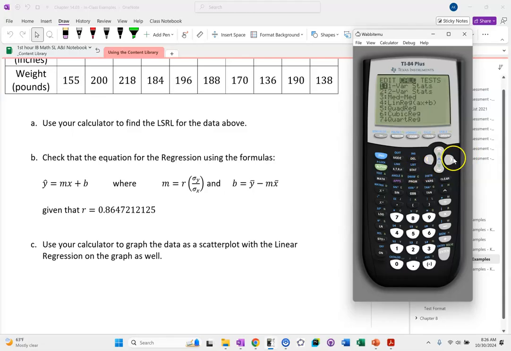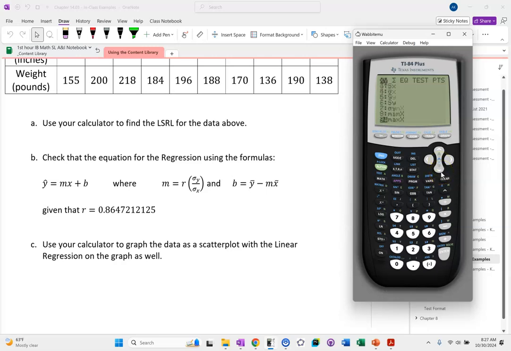Stat, calc, two variable stats, L1 and L2. Thank you. So now my means and standard deviations and such are stored into my calculator. So I'm going to do vars, statistics.